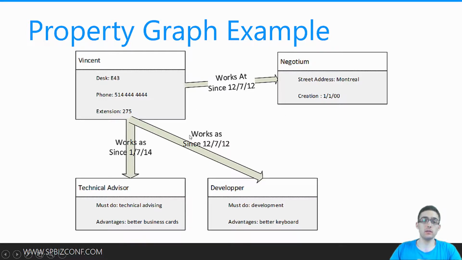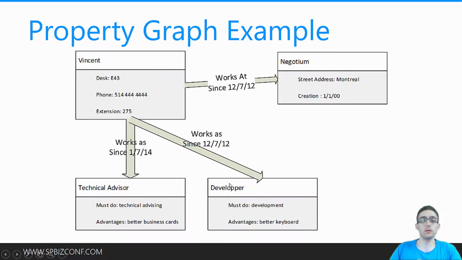So as being Vincent and as being a developer and a technical advisor, I work as, and that's a different kind of relationship, a technical advisor since 2014, and I've been working as a developer since 2012.